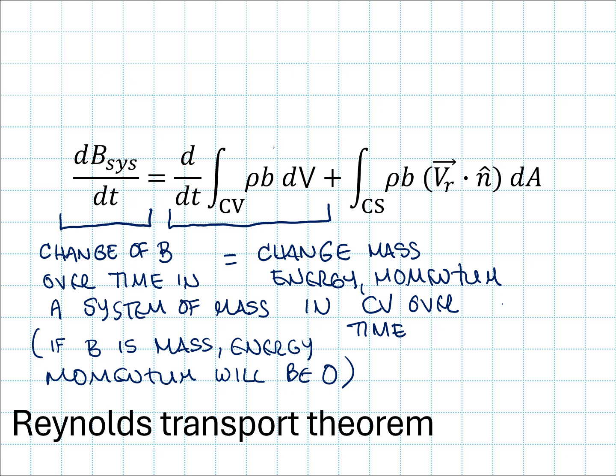So now let's look at the last term, second term on the right-hand side of the equation. And so this is the net flux of that intensive property b, so mass, energy, or momentum per unit mass, out of the control volume.